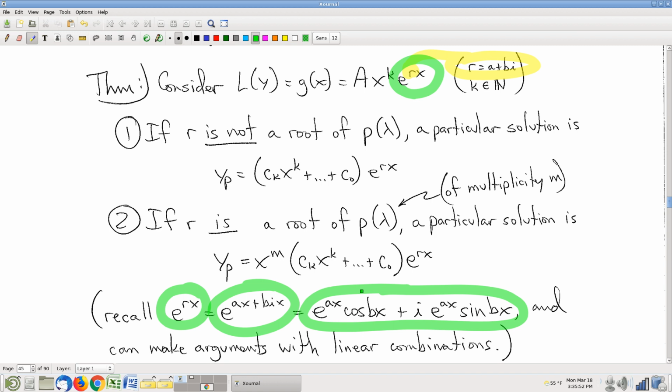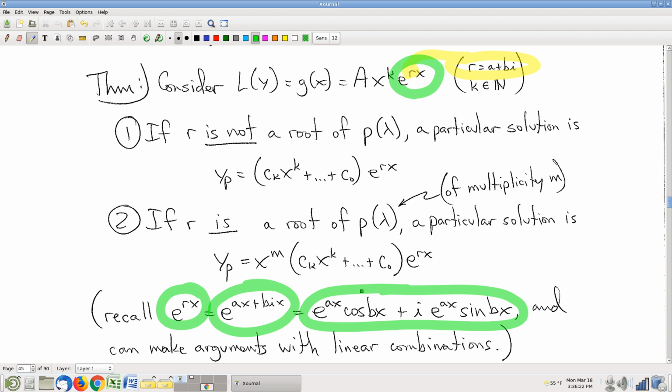So in particular, every one of these functions that we're addressing in this new theorem is a linear combination of functions of the sort that we've already considered in Section 4.3. And furthermore, remember this algebra goes the other way. I can view these functions, exponentials times cosine, exponentials times sine, by playing clever linear combinations arguments, as linear combinations of functions that look like this.